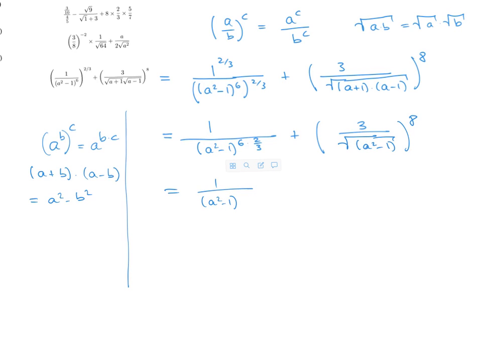And then we can cancel something down, because obviously the 6 is 2 times 3, so 2 times 3 divided by 3, and we can cancel the 3 down. Plus, now I apply this rule here again.